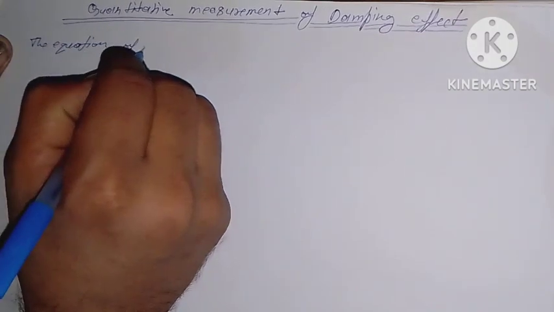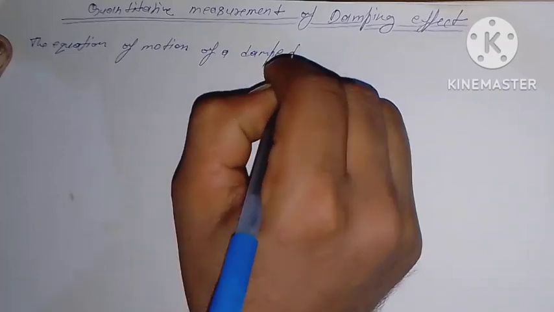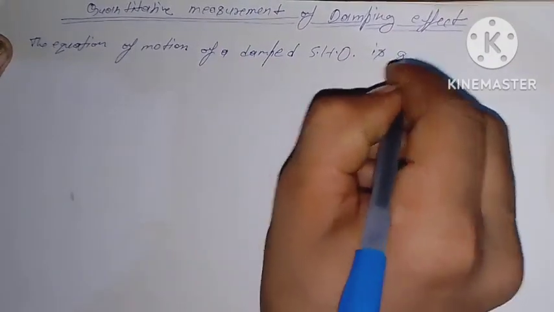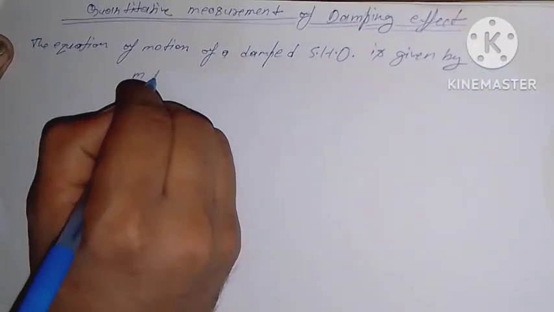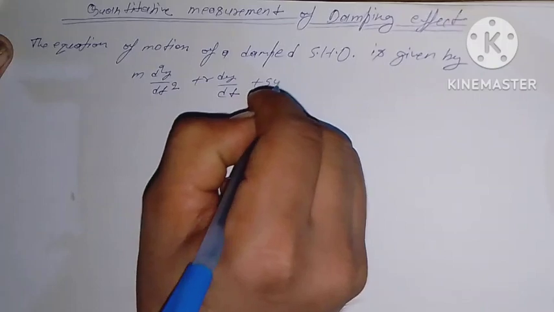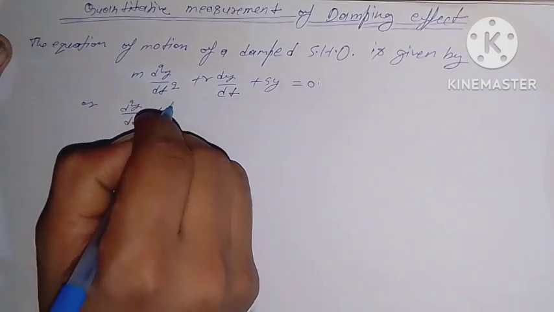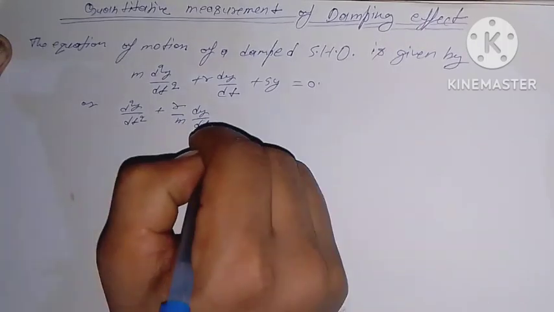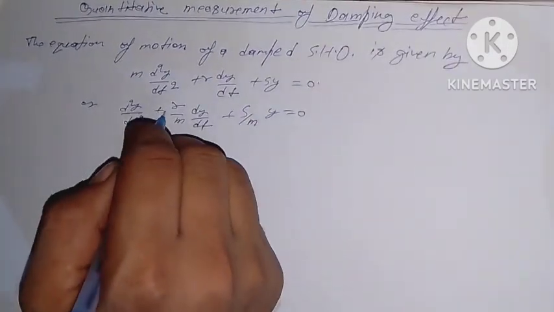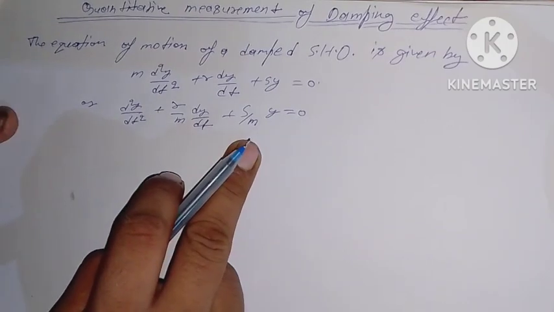The equation of motion of a damped simple harmonic oscillator is given by m d square y upon dt square plus r dy by dt plus sy equal to 0, or d square y upon dt square plus r by m dy by dt plus s by m into y equal to 0.